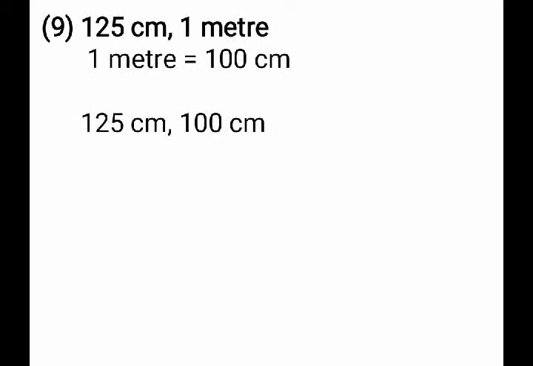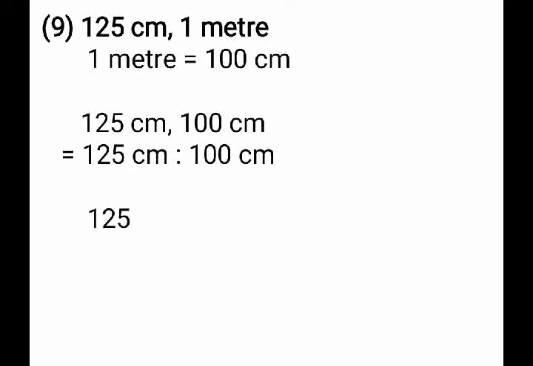First quantity is 125 centimeter, second quantity is 100 centimeter. The ratio form of first quantity to the second quantity is 125 centimeter is to 100 centimeter. The fraction form of first quantity to the second quantity is 125 upon 100.